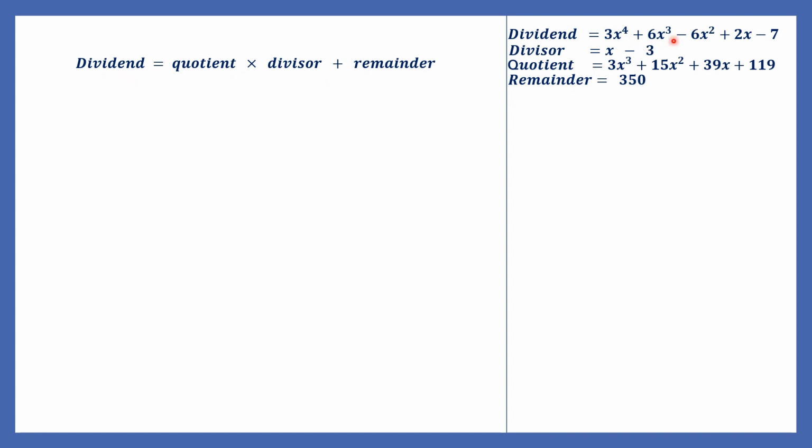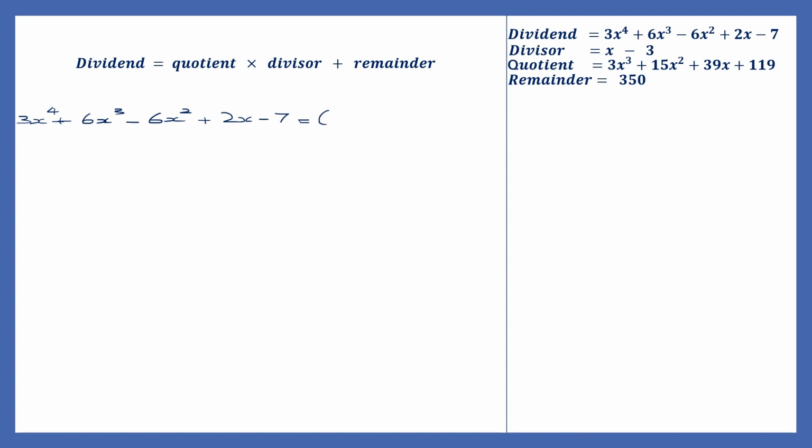So dividend is this, okay? So let's write that. That is 3x to the power of 4 plus 6x cube minus 6x square plus 2x minus 7. This should be equal to quotient into divisor.